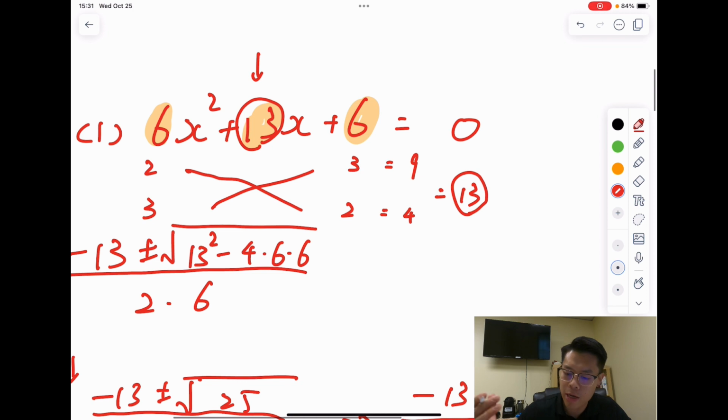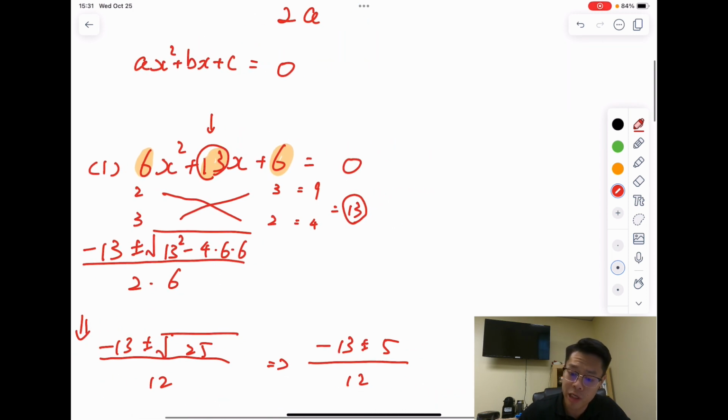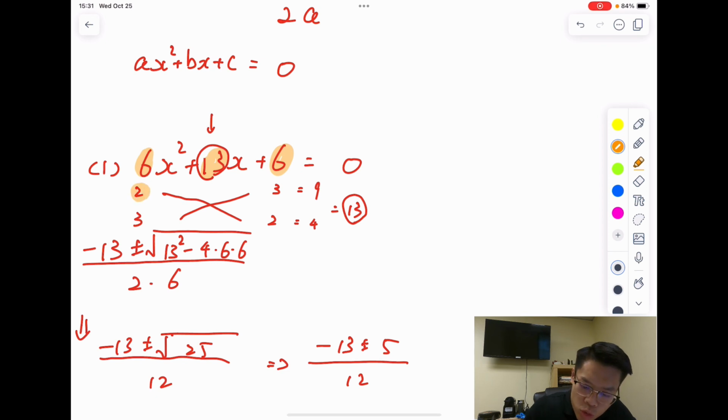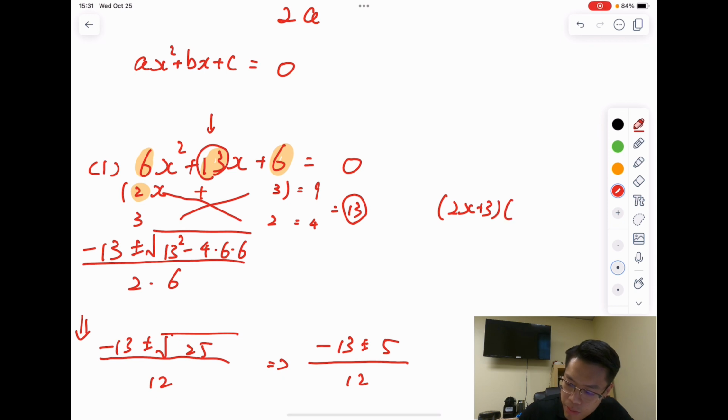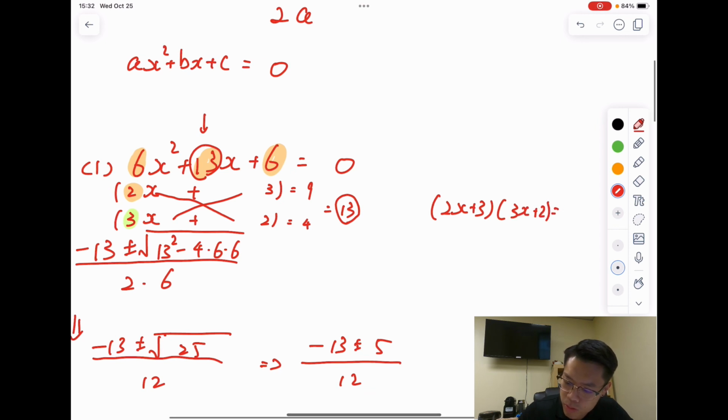So how do I put it into factor form? We use 2x plus 3 as my first factor, and we multiply it by 3x plus 2, my second factor, which is equal to 0.